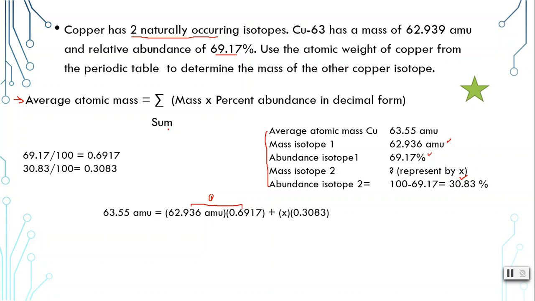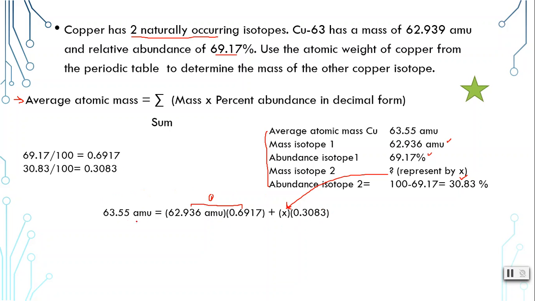Plus, because remember I'm summing, the product of the mass and abundance for my second isotope. I don't know what the mass of the second isotope is, so I'm just going to call that x. I do know my abundance in decimal form for the second isotope. I calculated it here.